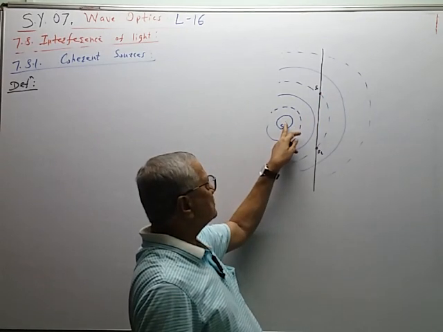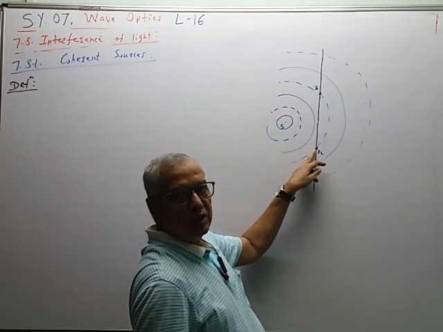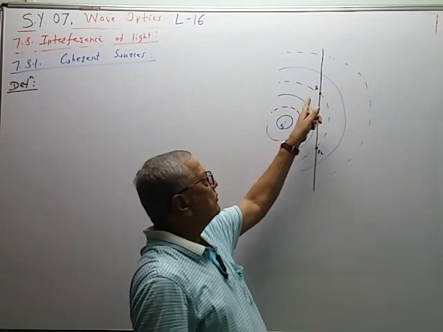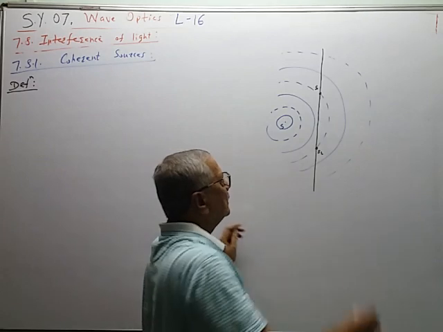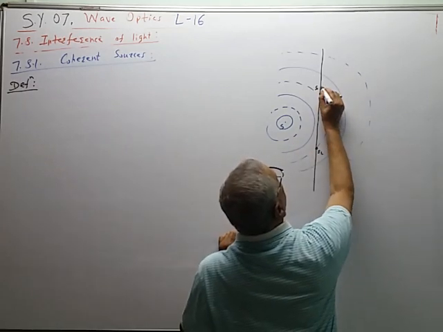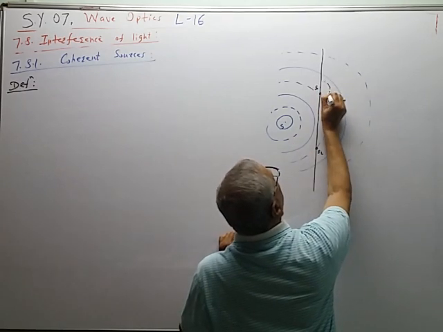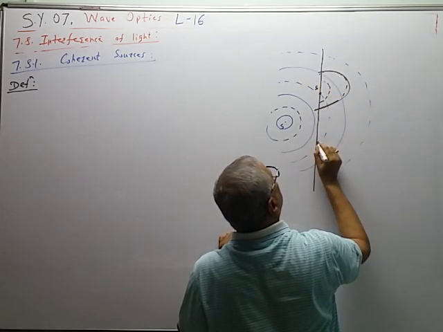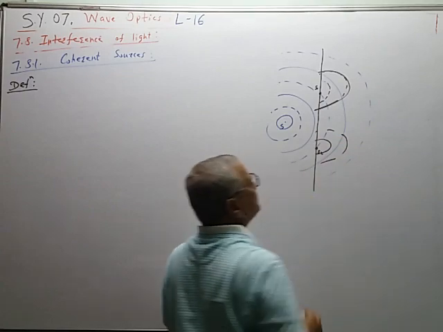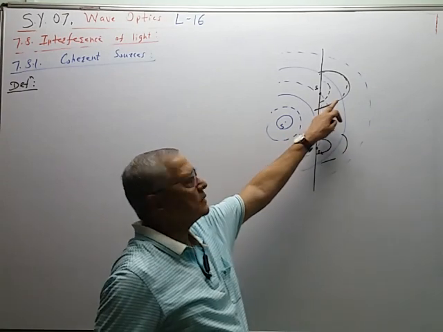When the primary waves from S reach the point S2, it will become a secondary source and it will produce the secondary waves. So secondary waves are moving like this. Circle of crest, etc.